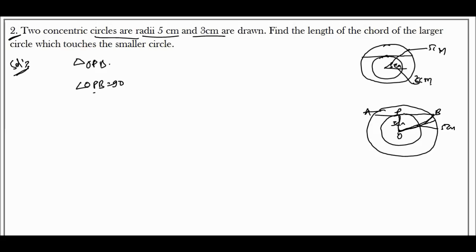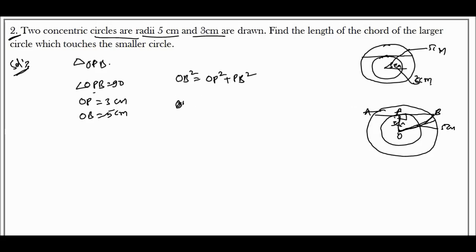So at P the angle is 90 degrees. Okay. So OP is how much? OP is equal to 3 centimeters and OB is equal to 5 centimeters here. So hypotenuse OB square is equal to OP square plus PB square.